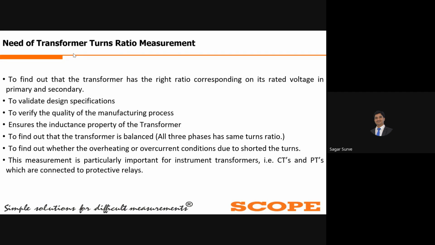Next, to find out that the transformer is balanced, meaning all three phases have the same ratios and we get the same voltages on all three phases, we conduct the transformer turns ratio and magnetic balance test.